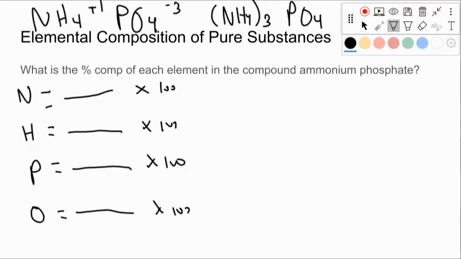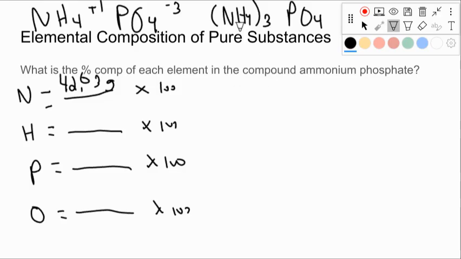So I'm going to do the mass of nitrogen, which is 14.01, times 3. And that gives me 42.03. So that's what I'm going to write on the top of my ratio right here. The unit is grams.